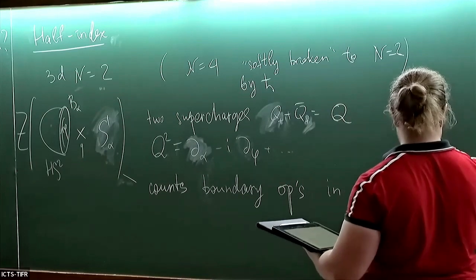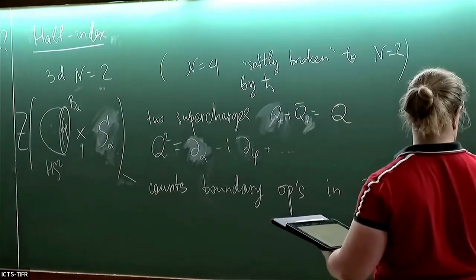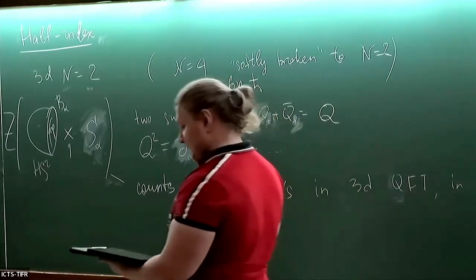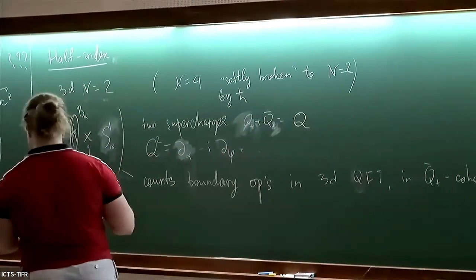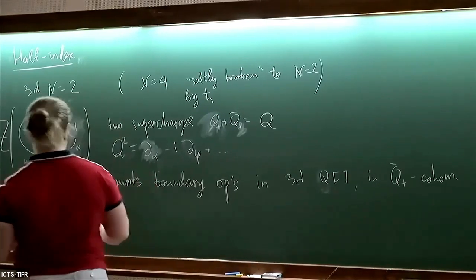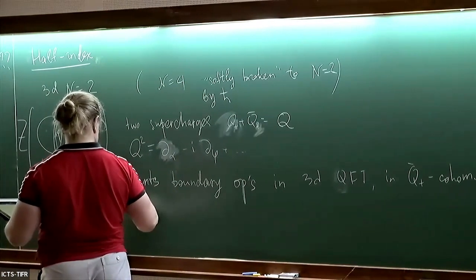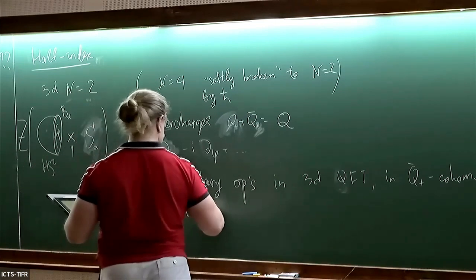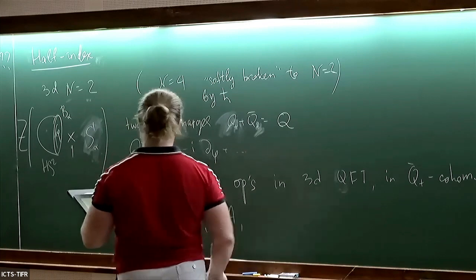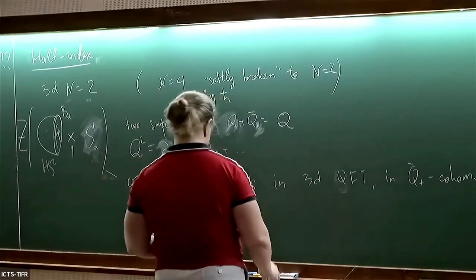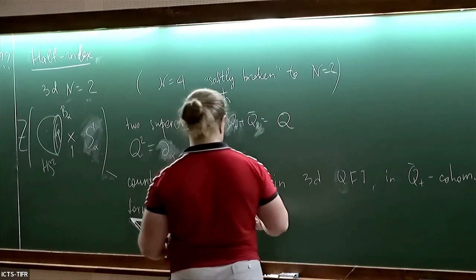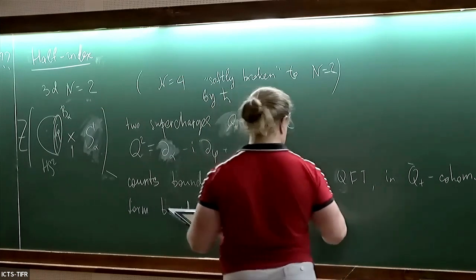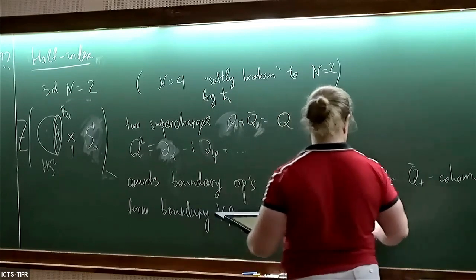That are in Q-bar homology. Of course, these operators form some boundary vertex algebra, and you can interpret this half index as its character.